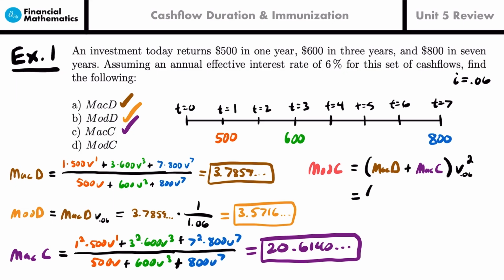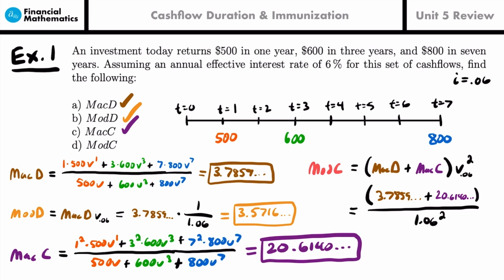This will be equal to 3.7859 and some more decimals plus 20.6140 and some more decimals multiplied by a present value factor squared, which would just be 1 divided by 1 plus the interest rate squared. So here's what I'm going to do here. I'm just going to divide those two values being added together by 1.06 squared.